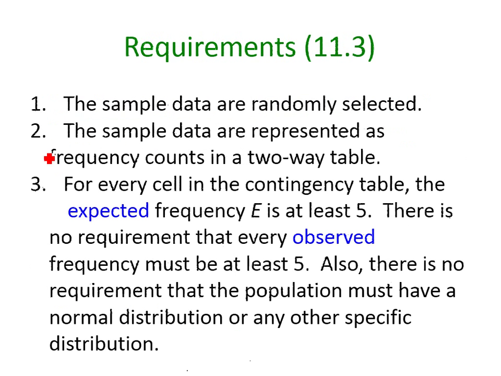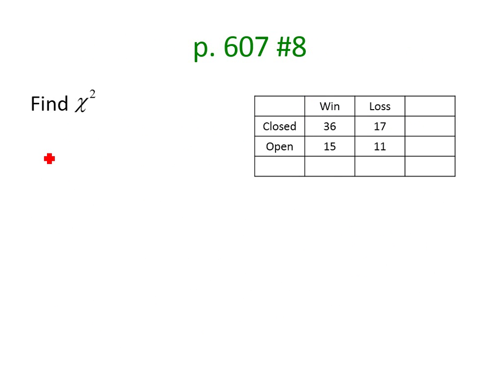I thought I had a good example. There's a contingency table we're going to be using a little bit here soon, an example looking at a baseball stadium and whether the dome is open or closed compared to whether the team wins or loses. So you've got two different sets of data, and you're looking at how many people from each group had that.